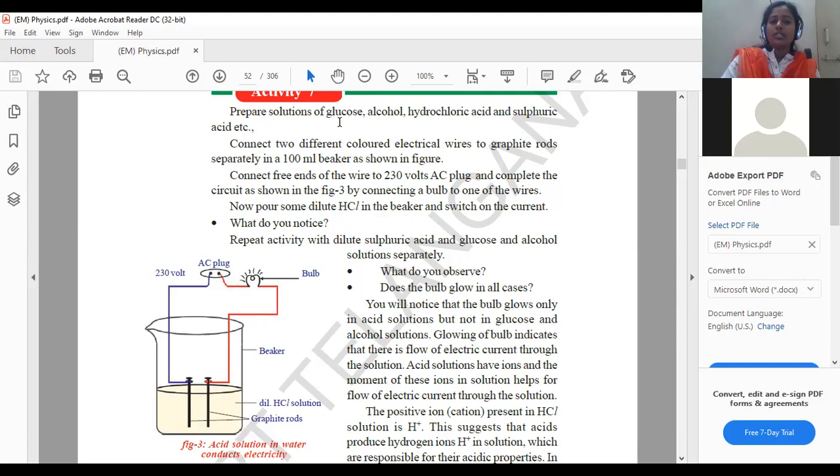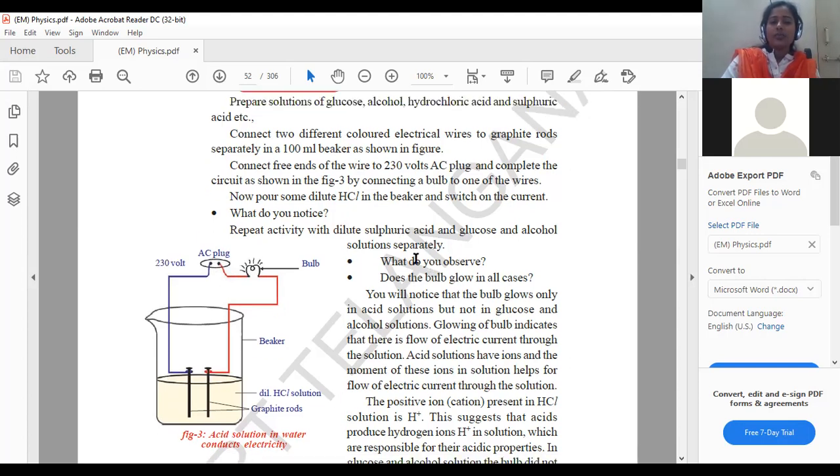The reason is glucose is non-ionic, no H plus ions evolved, even though there are hydrogens. C6H12O6 will be there, but hydrogens will not be released in the reaction because it is a non-ionic, non-polar substance. That's why glucose is not considered an acid.